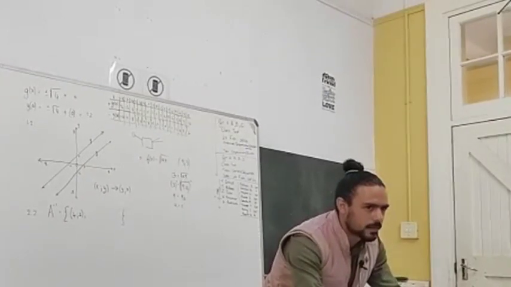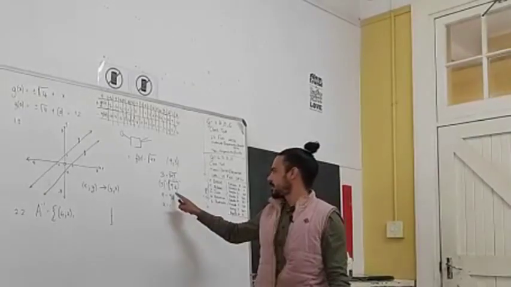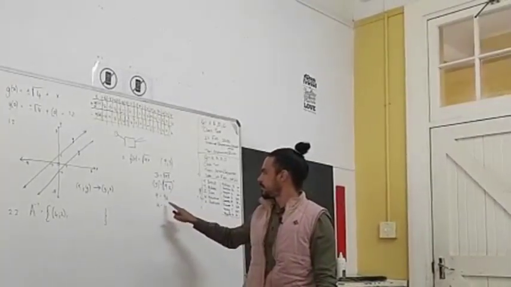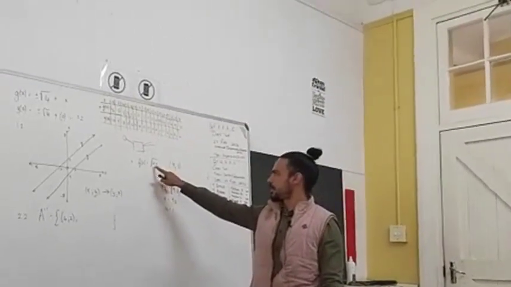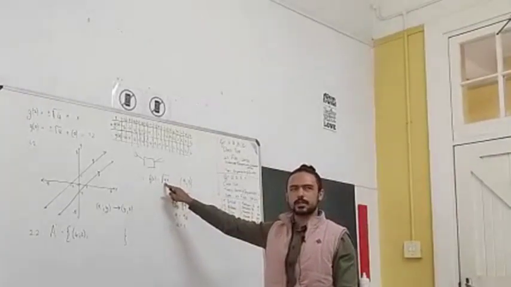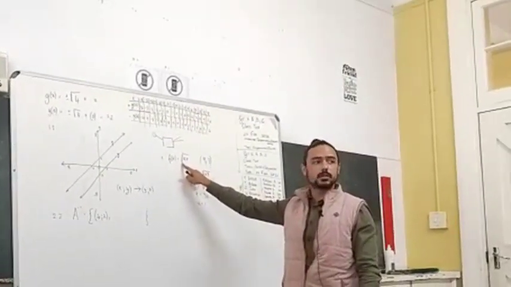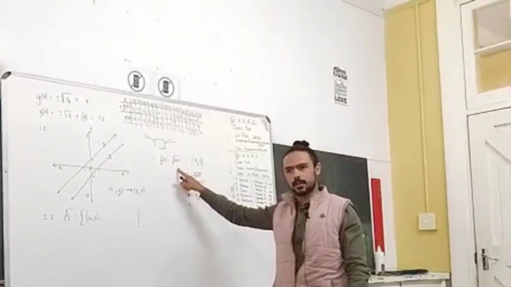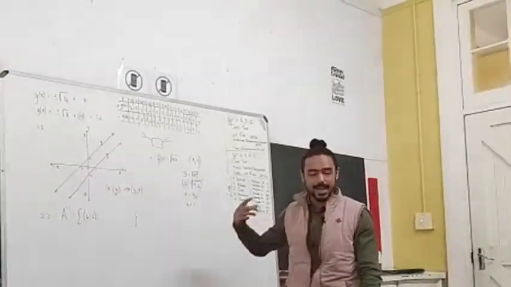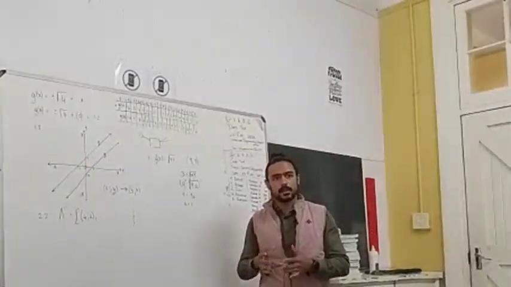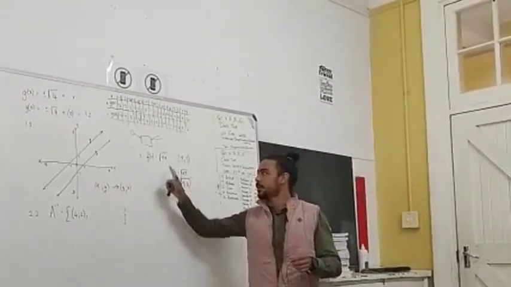No. For example, if this answer was negative 1, then it will only exist if we get a positive under the square root.